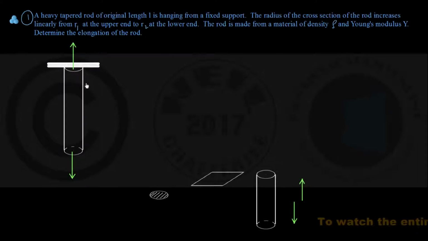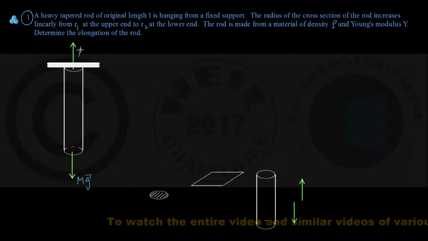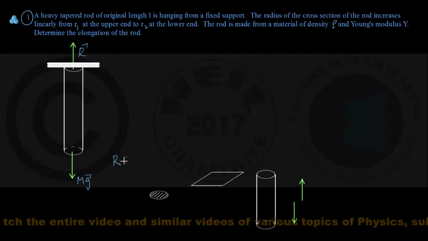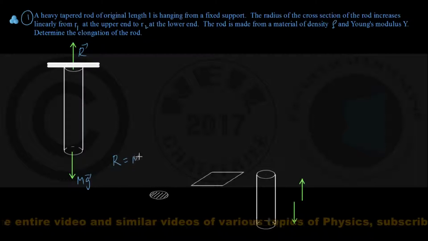If the mass of the complete rod is capital M, the force of gravity is mg, and suppose the contact force given by the ceiling on the rod is the vector r. Obviously, for the equilibrium of this rod, this contact force r must be equal to the force of gravity on the rod.